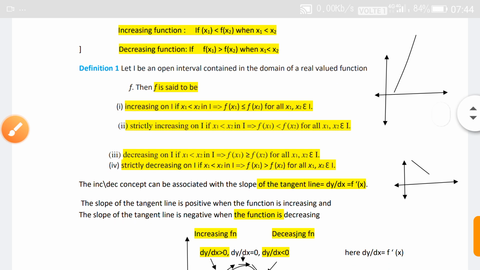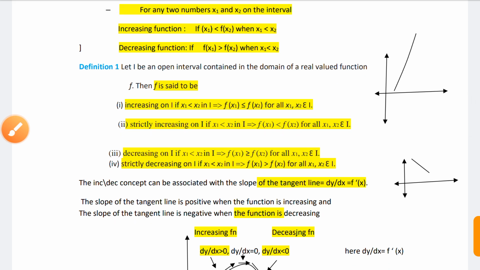Now in clear definition, the function is increasing in the interval if x1 is less than x2 taken from the interval, and the value f(x1) is less than or equal to f(x2) for all values x1 and x2.